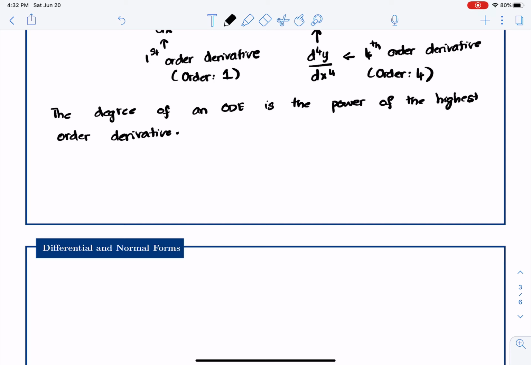So the degree of an ODE is simply the power of the highest order derivative in the differential equation.